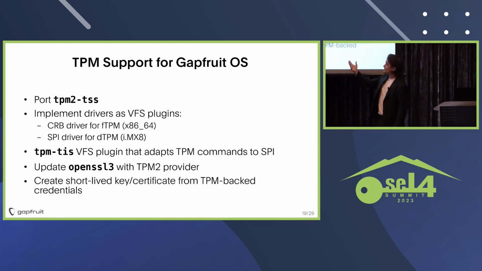And also for the SPI part, we had to enable TPM-TIS, which exports a VFS, or virtual file, /dev/tpm0, which the TPM2 TSS stack expects. We also had to update OpenSSL 3 with the TPM2 provider. This enables us to create short-lived certificates from TPM-backed credentials.